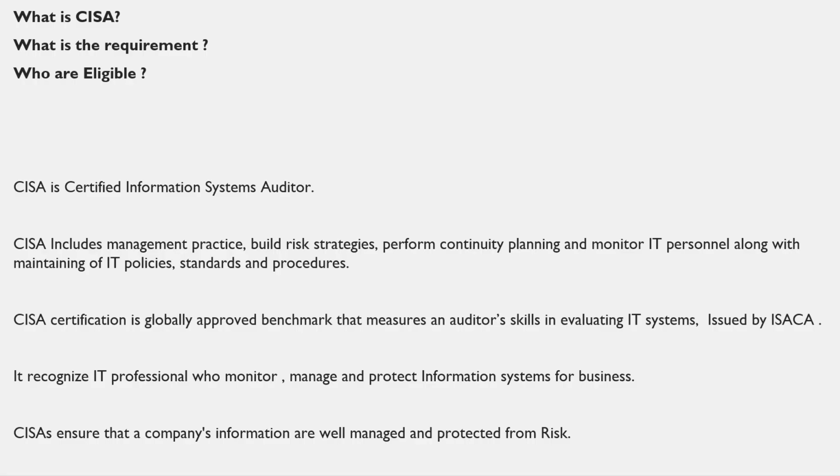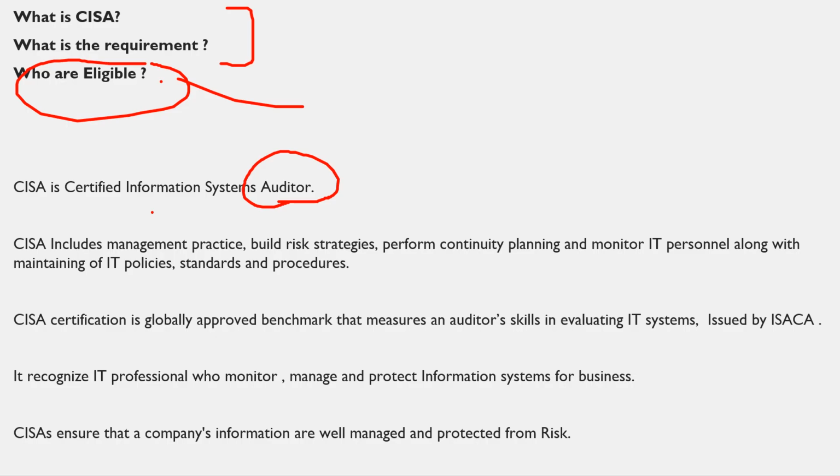So, what is CISA? What is the requirement of CISA and who all are eligible? We can discuss the answer of these first two questions very soon, and who is eligible we will discuss in the last slide. CISA is the Certified Information System Auditor. There is another certification called CISM.